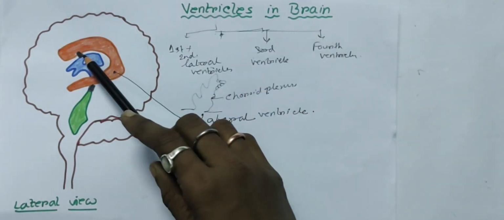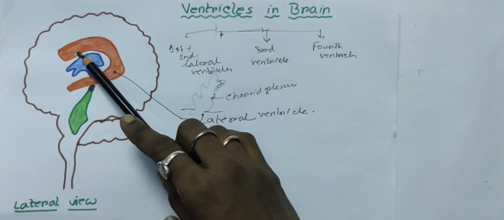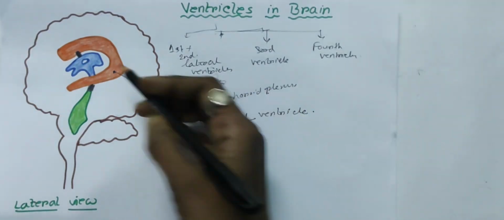Now this connection is called the foramen of Monro.